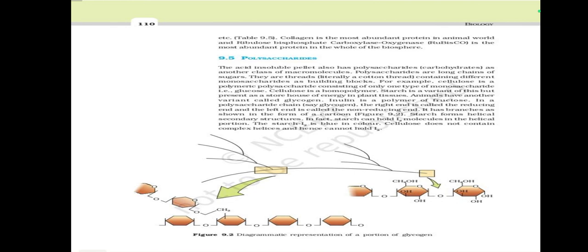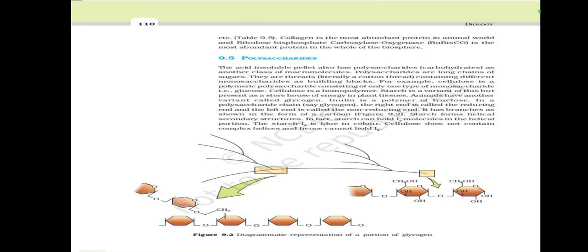Animals have another variant called glycogen. Inulin is a polymer of fructose. In a polysaccharide chain, say glycogen, the right hand end is called the reducing end, shown in figure 9.2. Starch forms helical secondary structures.